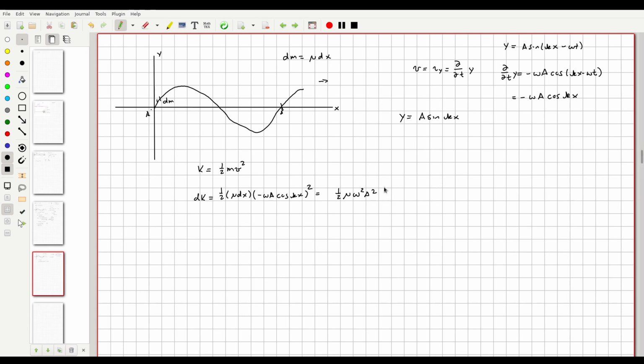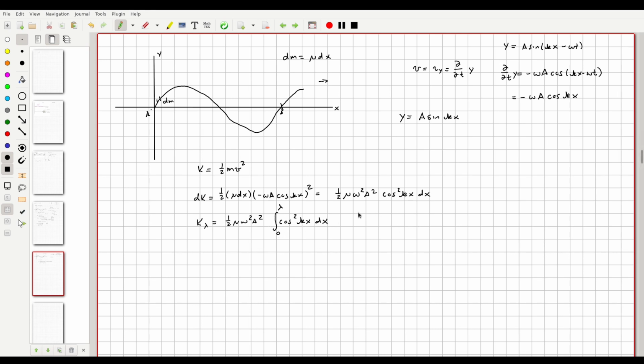And then what you're integrating here, and we're going to get to that in a second, is going to be a cosine squared kx dx. Okay, so again, if I integrate over one wavelength, that's k of lambda. 1/2 mu omega squared and a squared are all constants. The integral that I need to do is cosine squared kx dx from 0 to 1 wavelength.